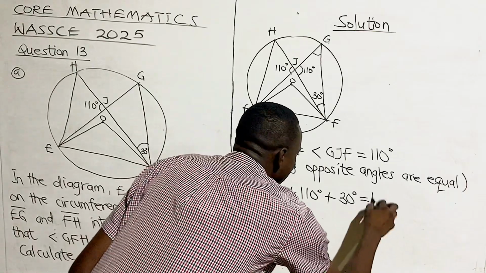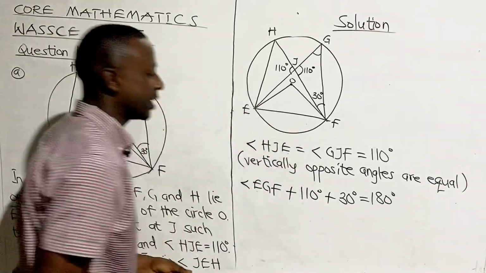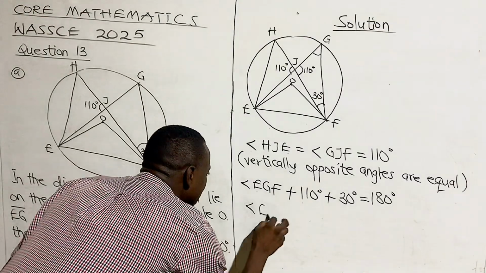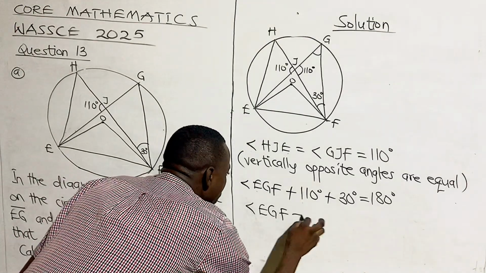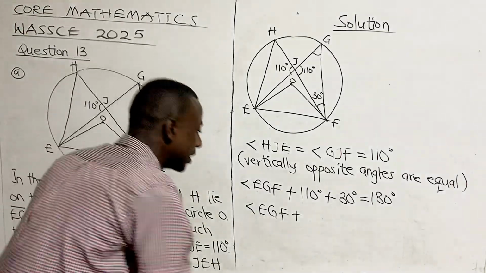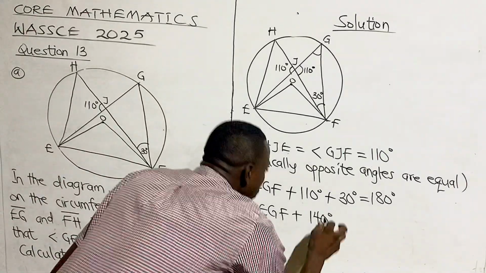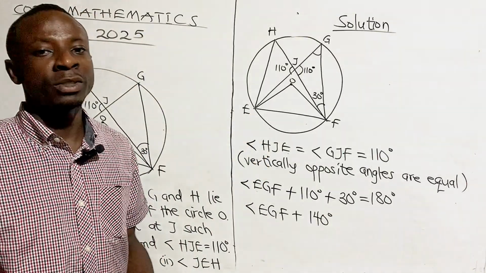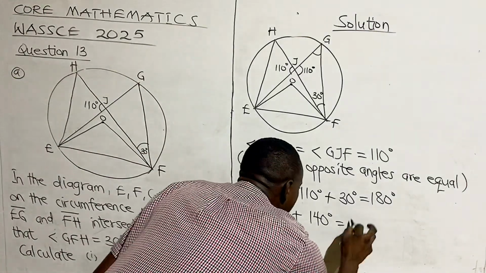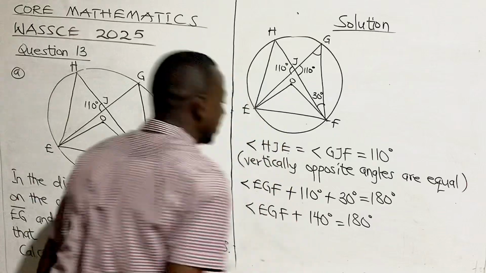Everything will give us 180 degrees. So we have angle EJF plus 110 plus 30 degrees. When you put them together, we are going to get 140 degrees is equal to 180 degrees.